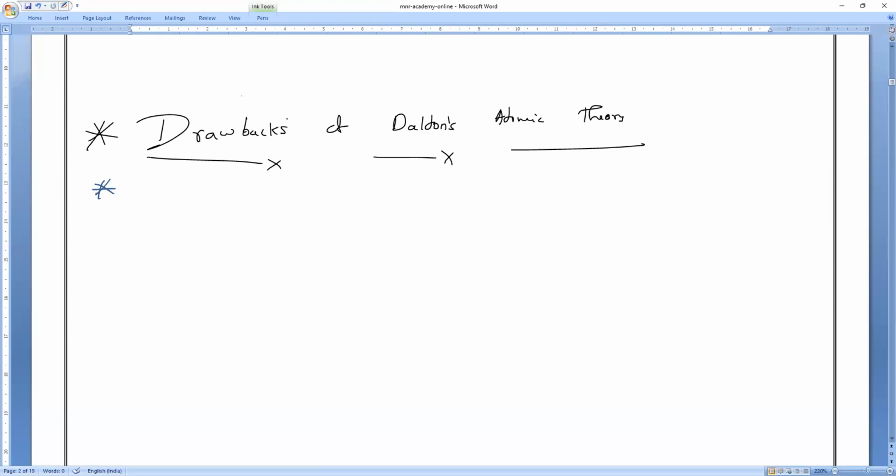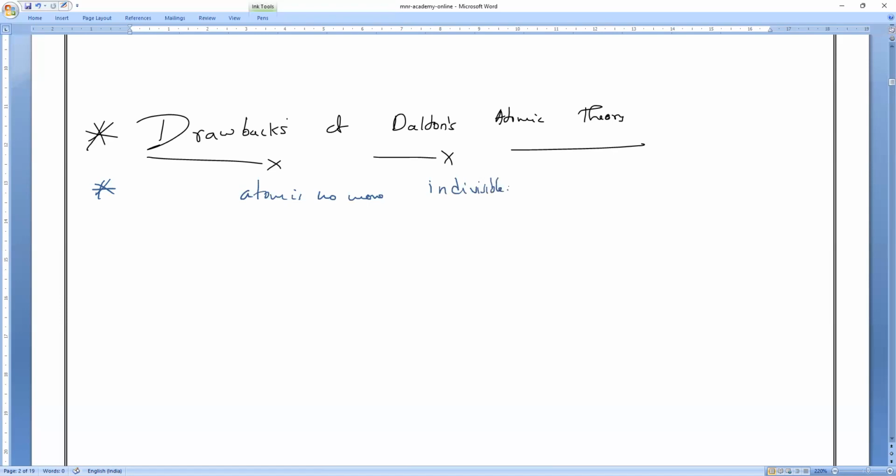Atom is indivisible. Not invisible, indivisible. Please be careful. So Dalton said that atom is indivisible. But we know that atom is no more indivisible. Please note it.